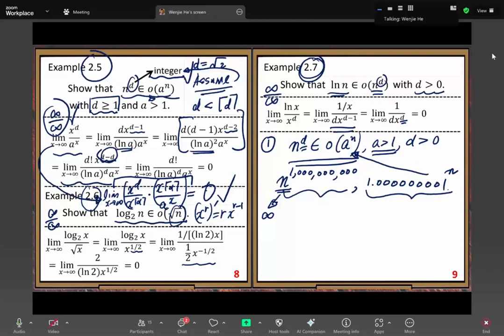Which one is eventually larger than the other one when n is very, very large, when n goes to infinity?